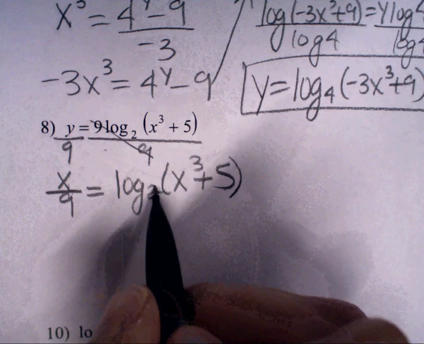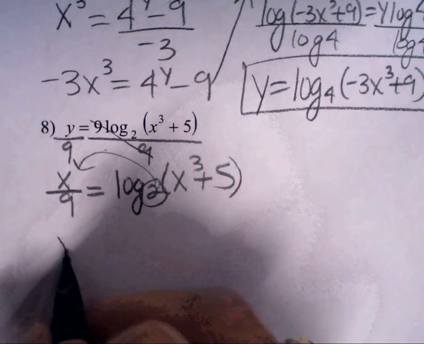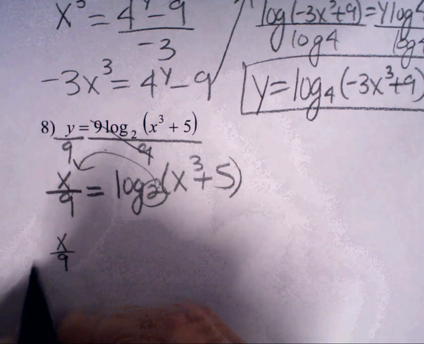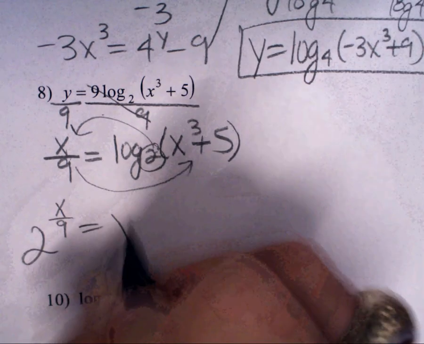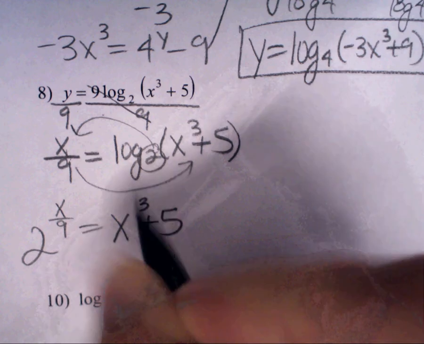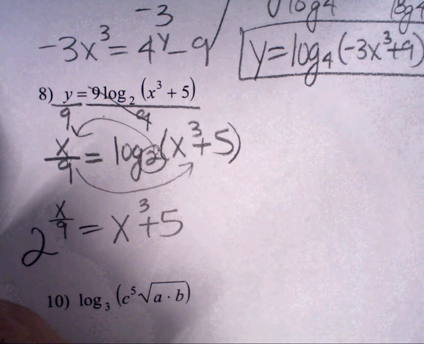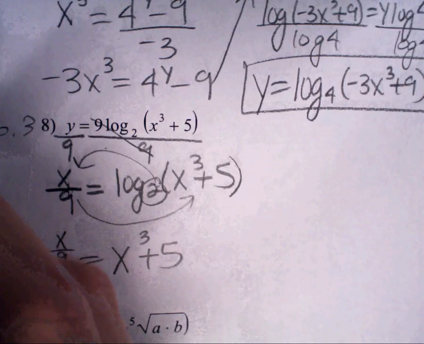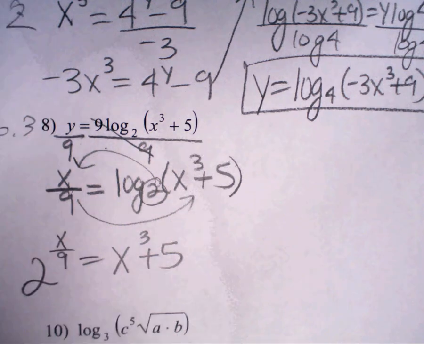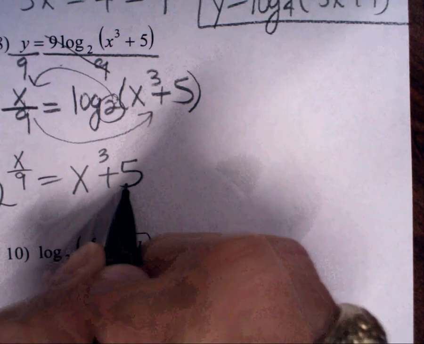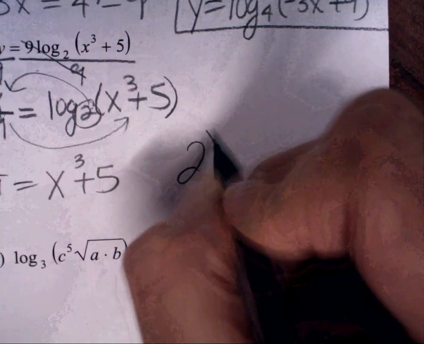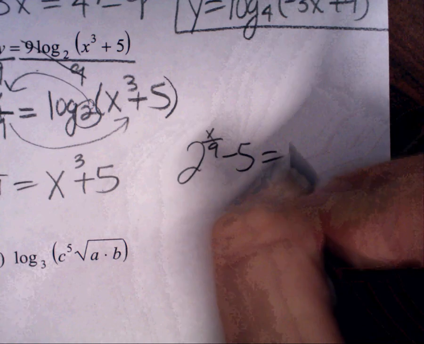So it's 2 to the x over 9, 2 to the x over 9 equals, it's our little loop trick of rewriting. So this one comes from 16.3 and this one comes from 16.2 if you're going back and looking at the notes. So then I'm going to subtract 5. So 2 to the x over 9 minus 5 equals y to the third.